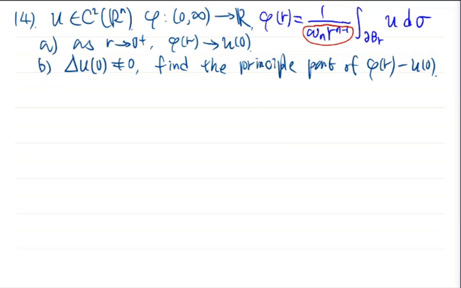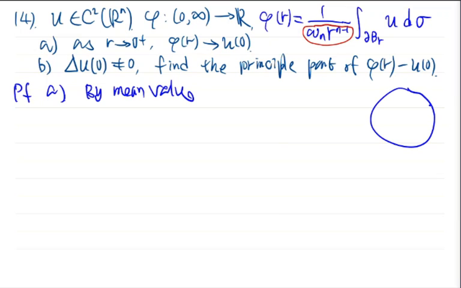The first question is easy. For A, by the mean value theorem, the mean value of u over the sphere should equal the value of u at some point of the sphere.